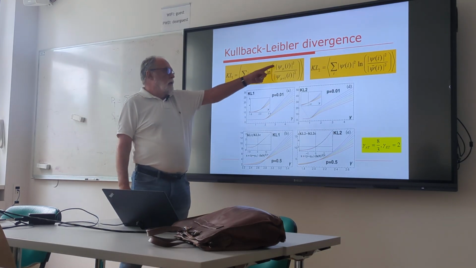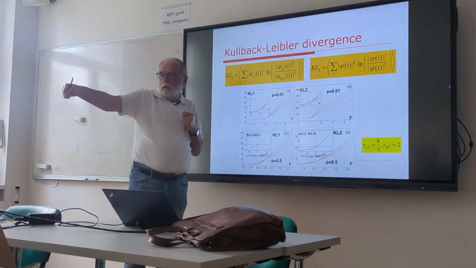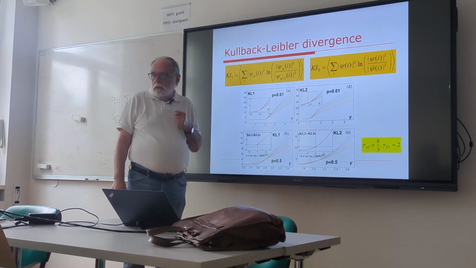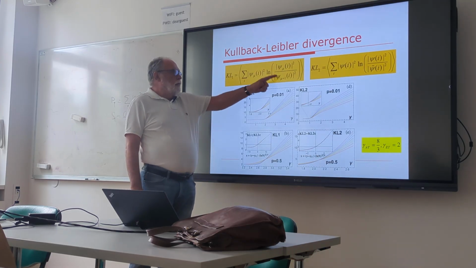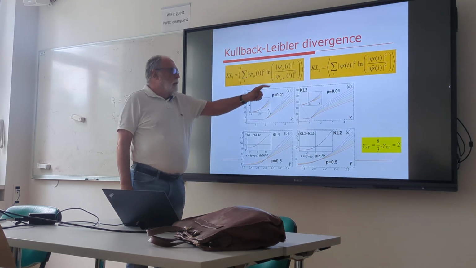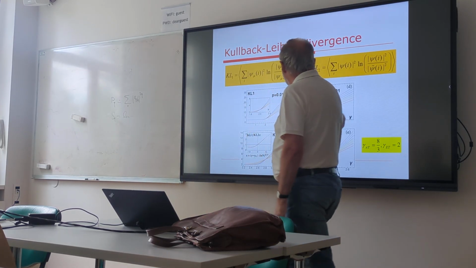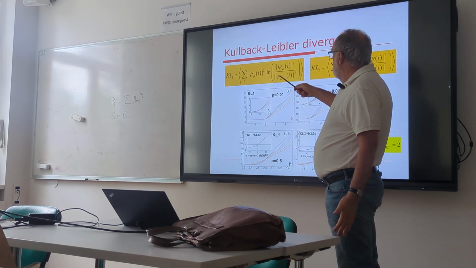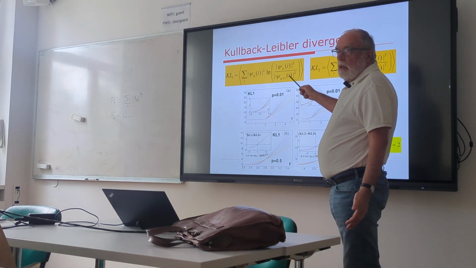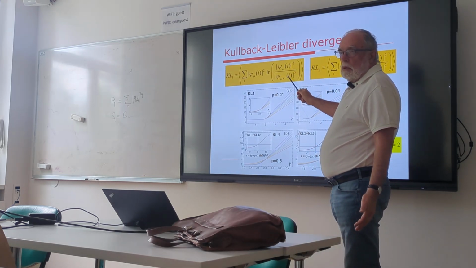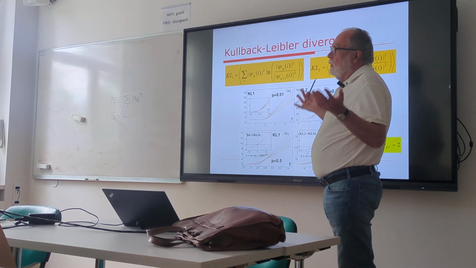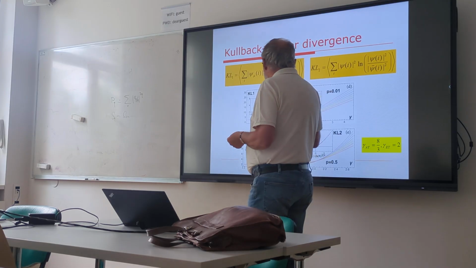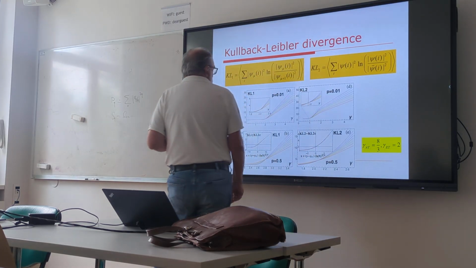So this one and this one will be in different corners of the space. And when they are in different corners of the space, they do not overlap, and so this thing is small. Then the logarithm is big, and this is the divergence.